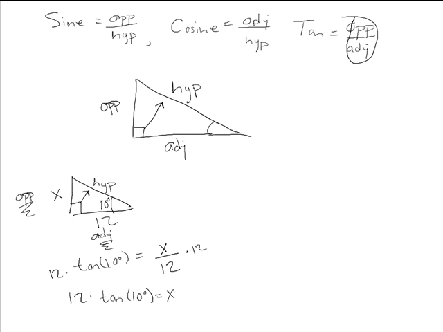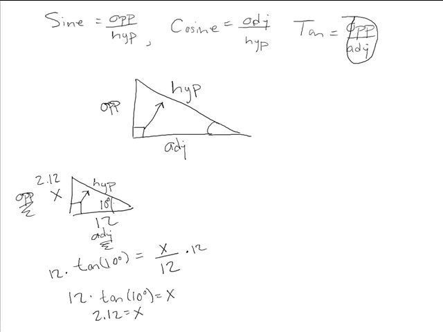I can just put that into my calculator to figure out what it gives me. And 12 times the tangent of 10 is going to be about 2.12. So this means that 2.12 is approximately what x is equal to. So the length of this side over here is 2.12.